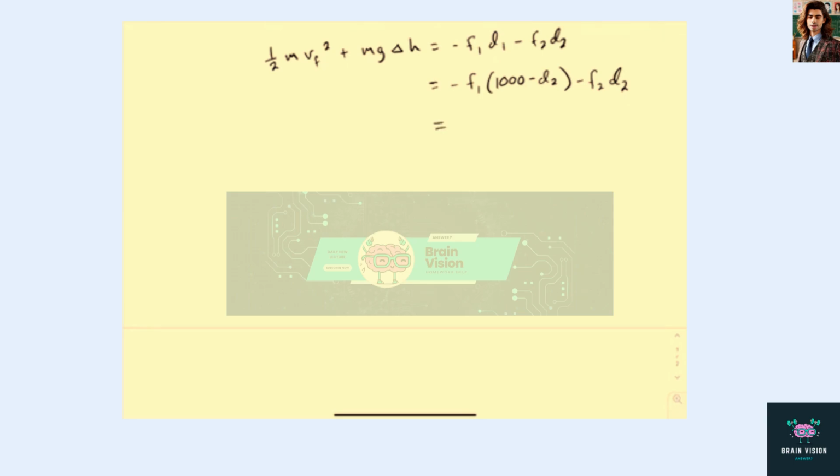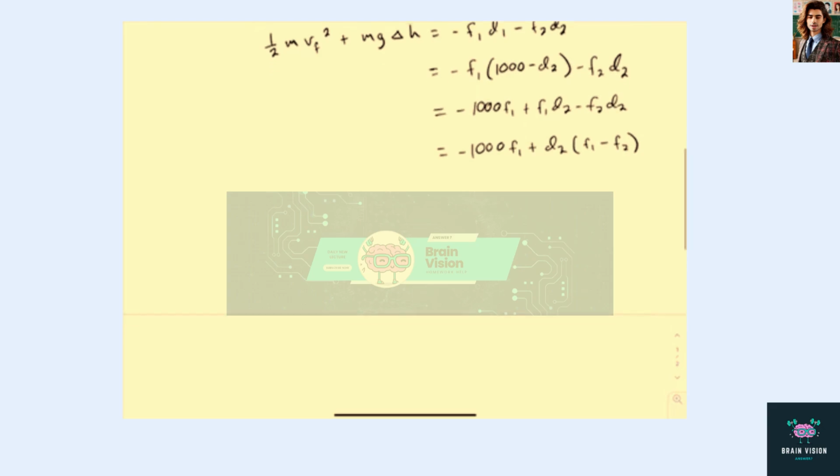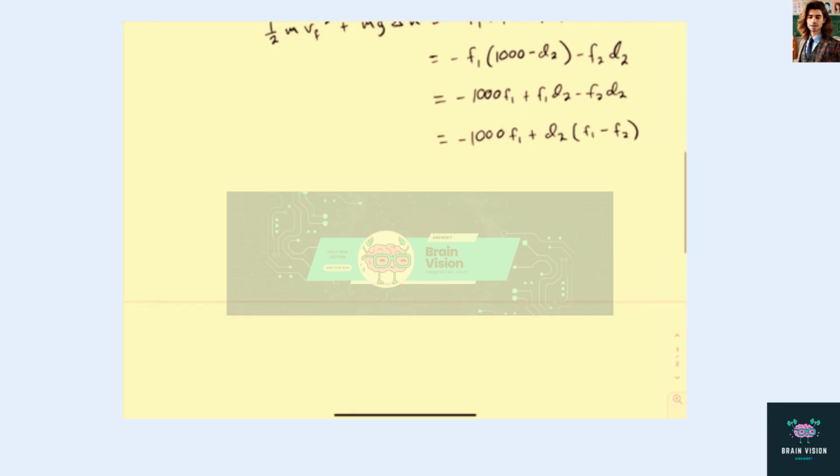So let me just solve for that. Expand this out: minus 1,000 F1 plus F1 d2 minus F2 d2. So this is going to be minus 1,000 F1 plus d2 times F1 minus F2. And so I'll solve for d2.